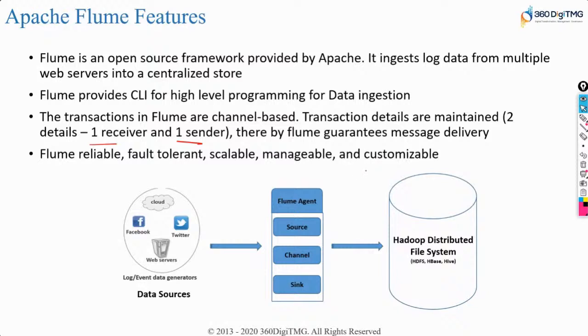So it has the information about source and destination, sender and receiver. If you have this kind of proper data maintained, then using this information we can guarantee the message delivery.